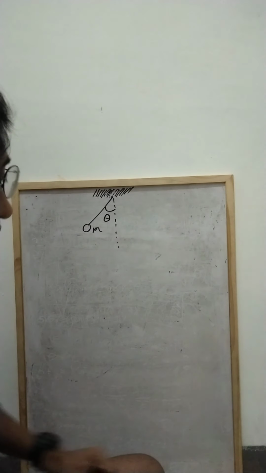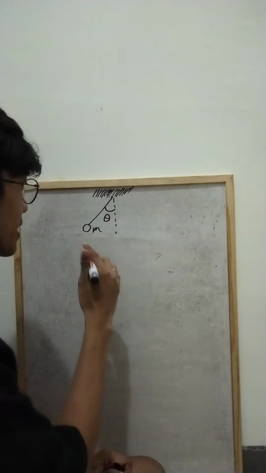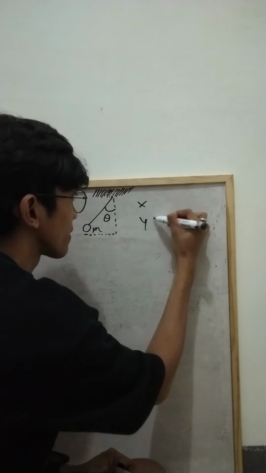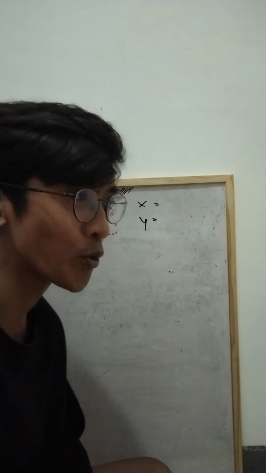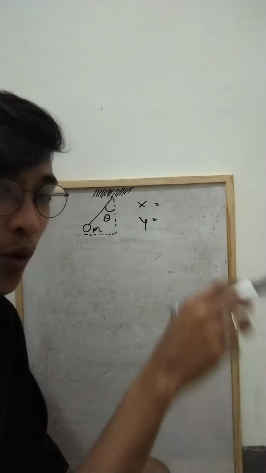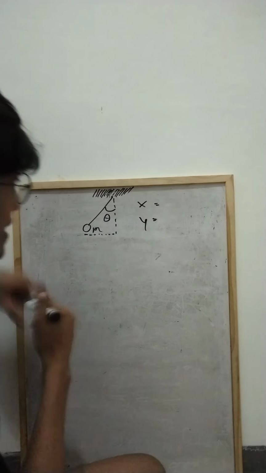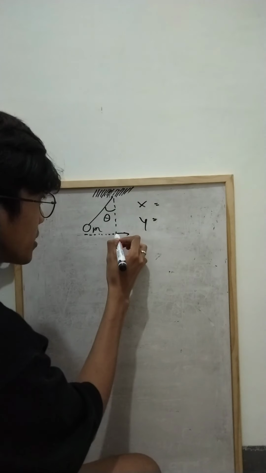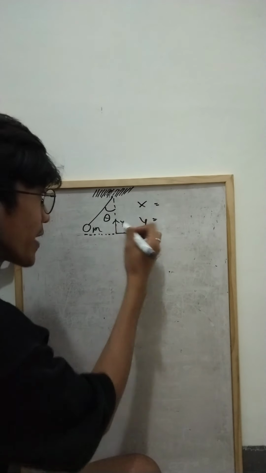The next thing we're going to do in this problem is find the x and y values. In order to find that, you need to recall the Cartesian coordinates, the x and y coordinates. This is the x coordinate here, and this is the y coordinate here.